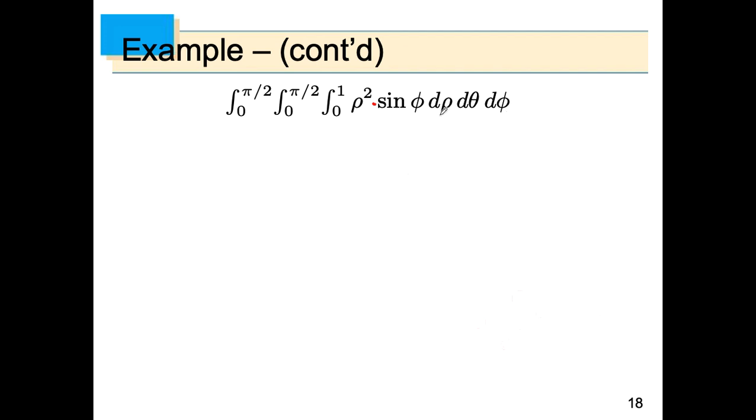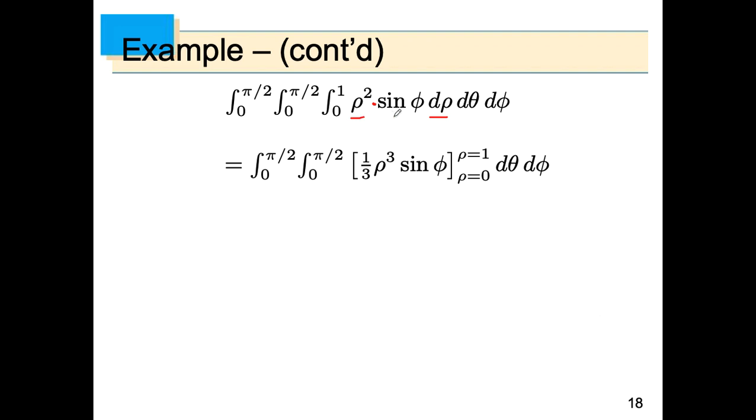Let's start by integrating this with respect to rho. The antiderivative of rho squared is just power rule, so we end up with 1/3 rho cubed, integrating that from 0 to 1. We can ignore this sine phi for now. Obviously, that's just going to give us 1/3. This is pretty much a cakewalk now.